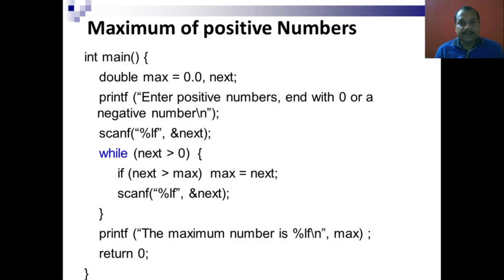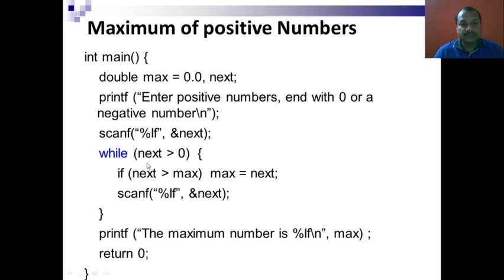So one example I can give you. Say for this particular input, instead of max equals 0, I assume double max is 10. If 10 is my maximum number, and the user supplies 1 2 3 4 5 6 7 8 up to 9 but not 10, then it will always show that your maximum positive number is 10.